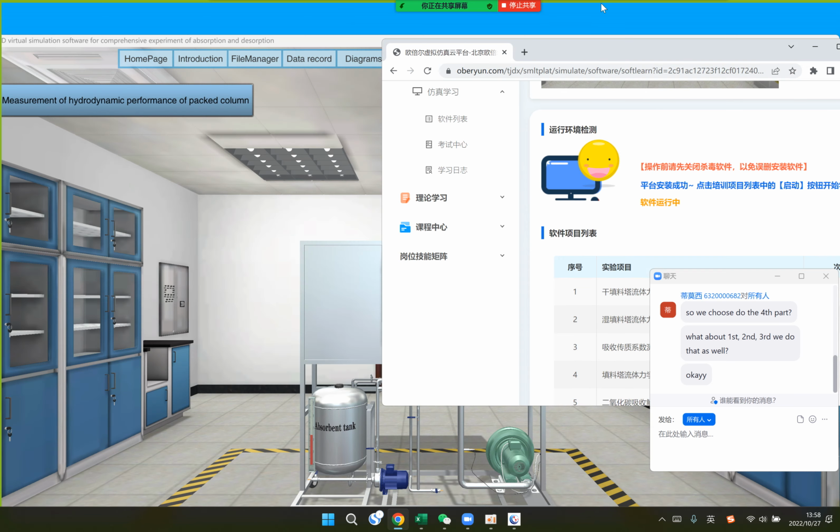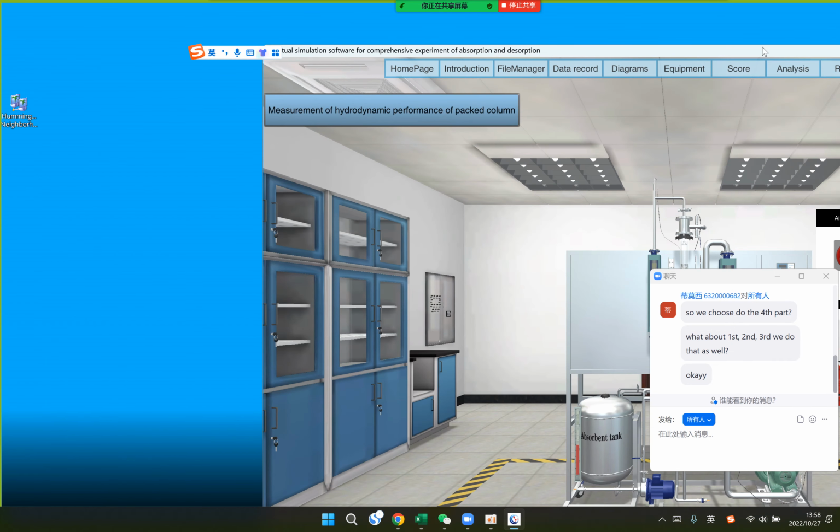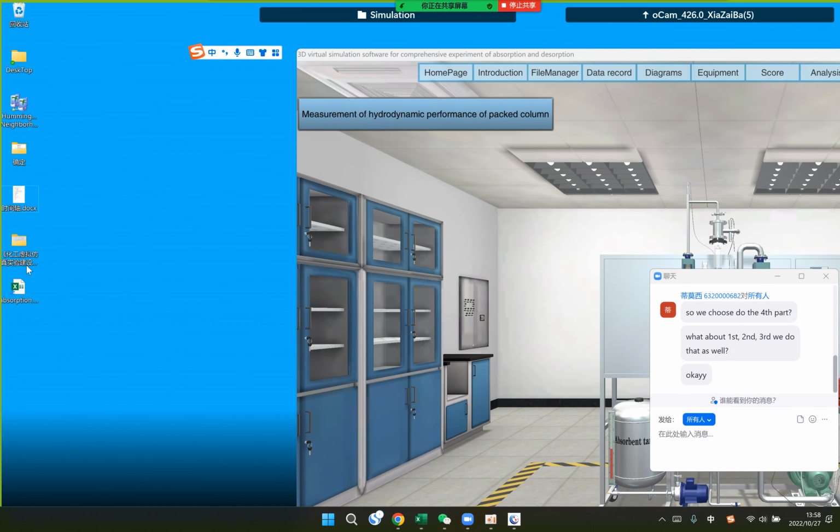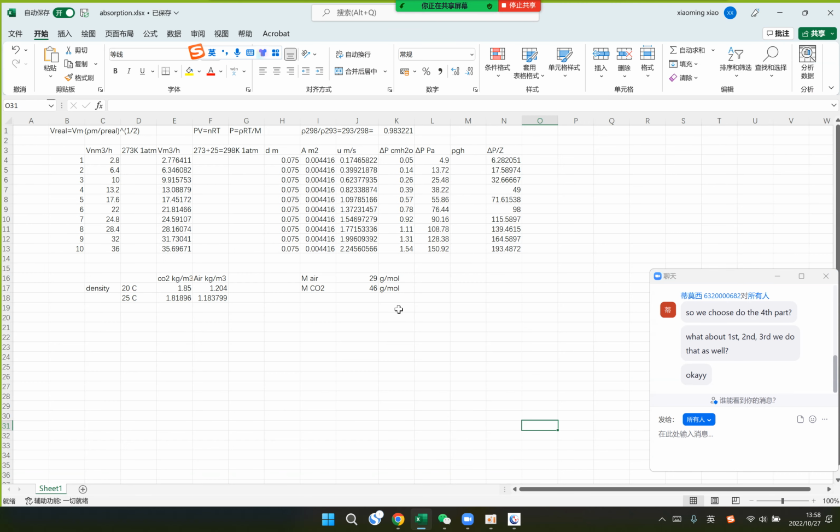We may use Excel too. Here I already sent this Excel to you for convenience. As you may find, this is the equation for the calibration. V real equals V measured times rho measured divided by rho real, and here is some 0.5 exponential.